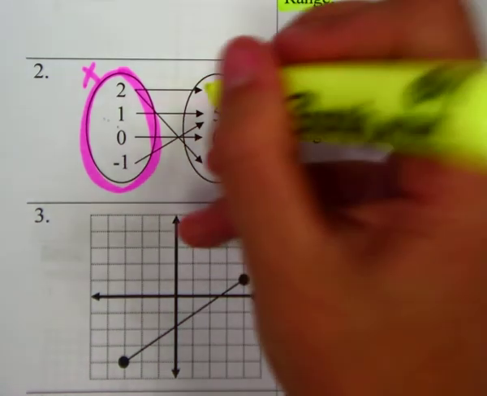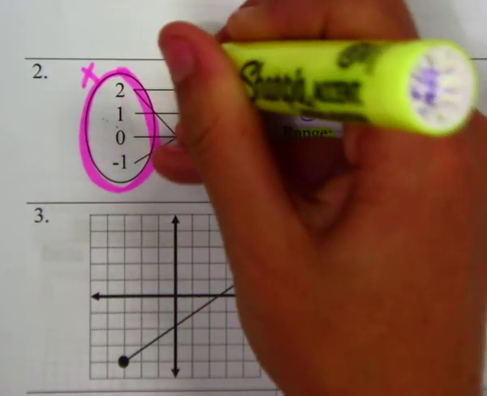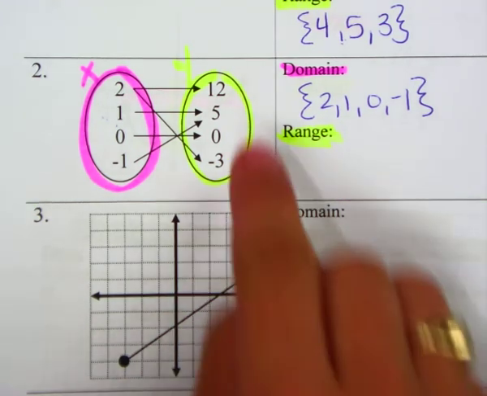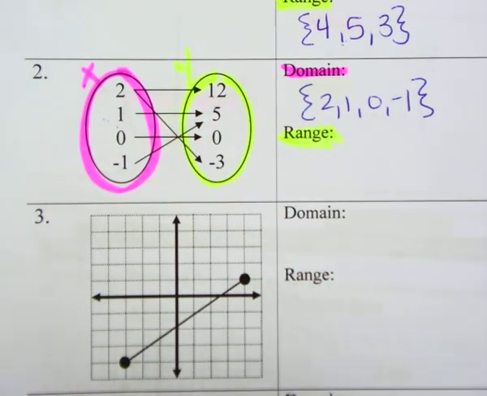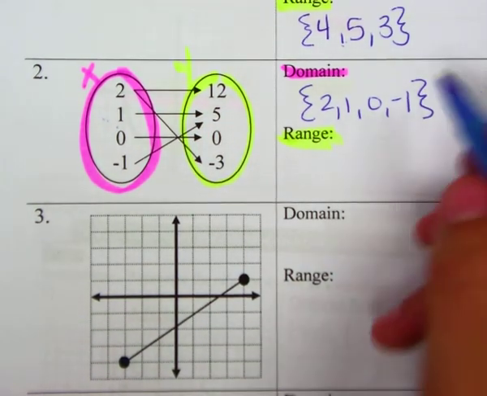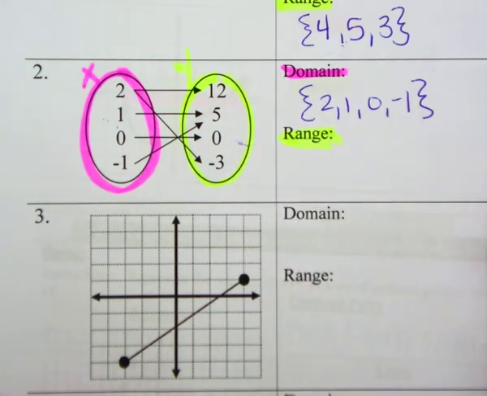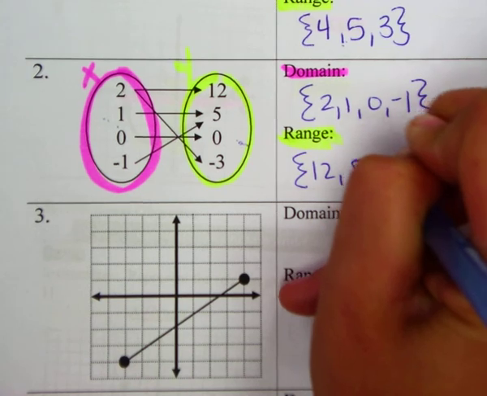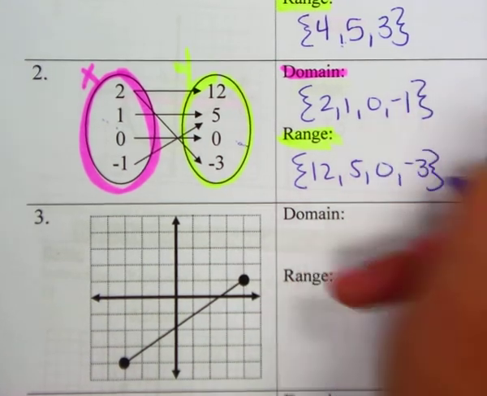Any number that's in the second bubble, these are the y values, are part of the range. These are all the numbers that are in the y of the y coordinate of this relationship: 12, 5, 0, and -3.